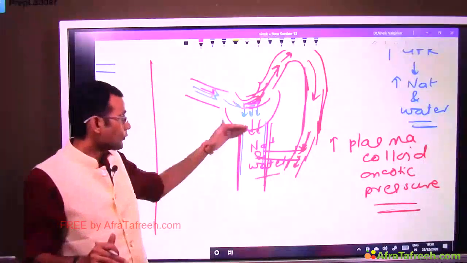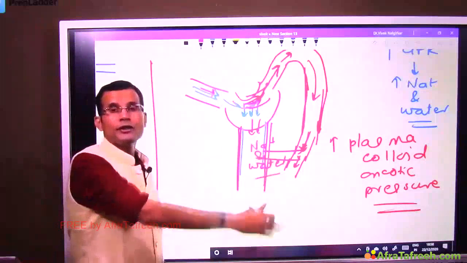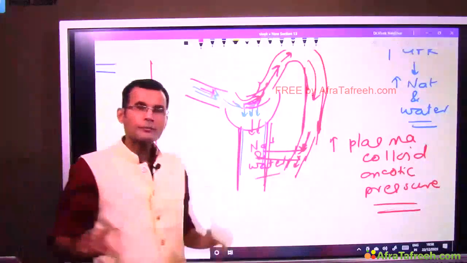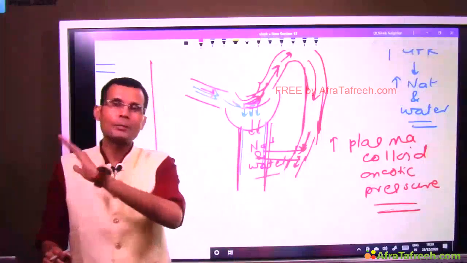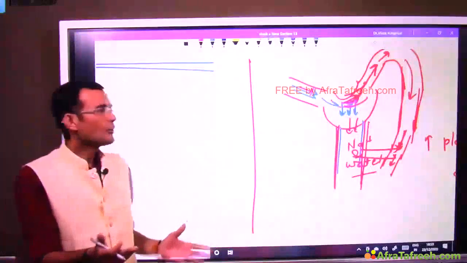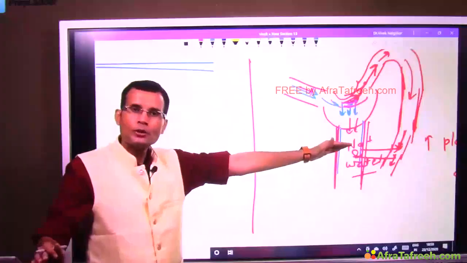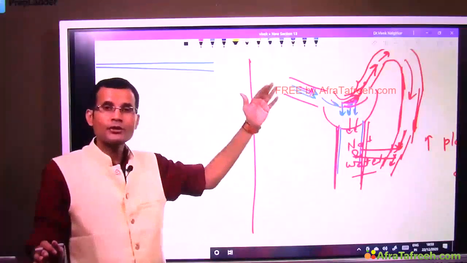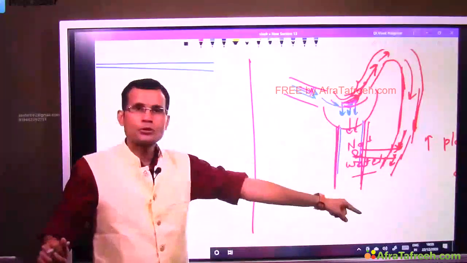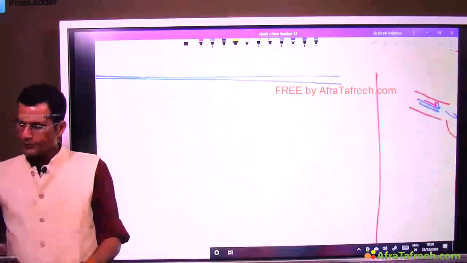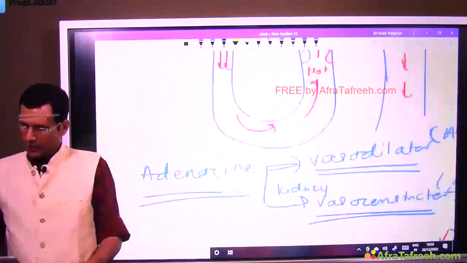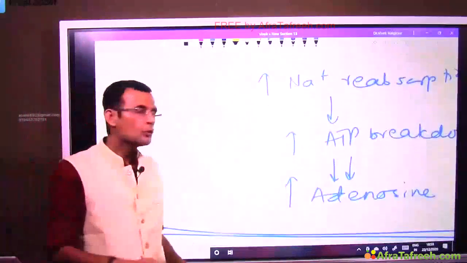So excess sodium and water do not reach the distal part of the nephron and do not get lost into the urine. That's called glomerulotubular balance. So why is it called glomerulotubular? Because there was something happening in the glomerulus as an extra blood flow and extra filtration that was checked by the tubule. Okay, so glomerulotubular balance and the TG feedback are two different things.